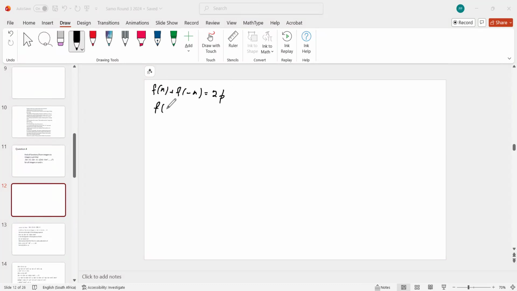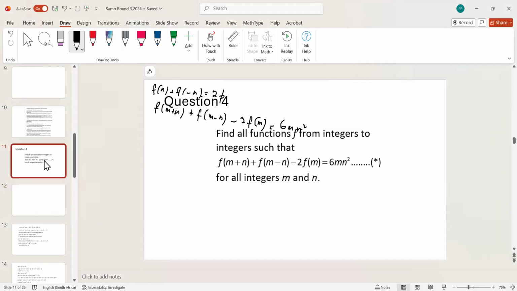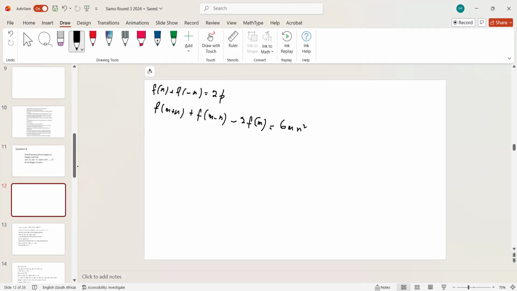And we also had that master formula, f of m plus n plus f of m minus n minus 2f of m equals 6mn squared. I think it's that. Is it m squared n or mn squared? It's one of the two. mn squared. Yeah, okay, so I got it right there.